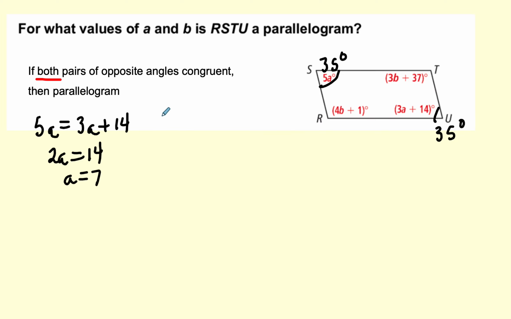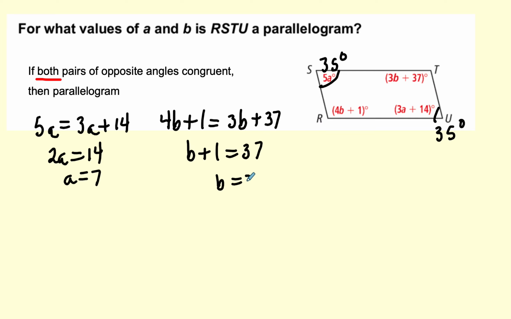Now I'm going to force the other angles to be congruent by making them equal to each other and solving for B. I'm going to subtract 3B on both sides, and then I'm going to subtract 1 on both sides.